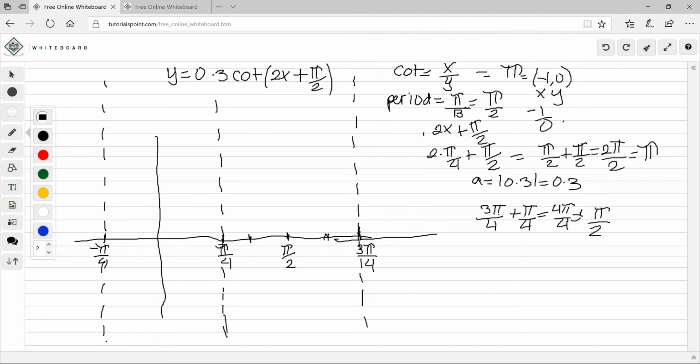And then you need a number between pi fourths and pi halves. That is pi over 3. And then you need a number between pi halves and 3 pi fourths, you get 2 pi over 3.